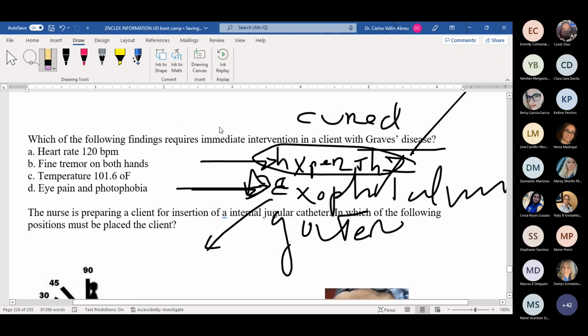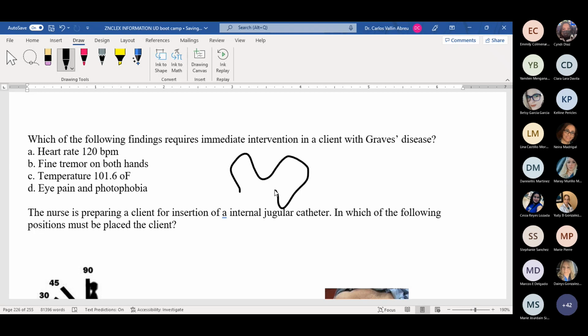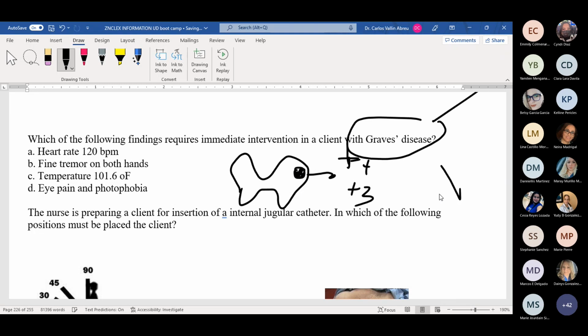Are we good? That's why I insisted in clarifying the concept of what is Graves' disease. For example, you can have a client with a nodule, a hyperfunctional nodule in the thyroid that produces too much T3 and T4, and this person has also hyperthyroidism, but hasn't exophthalmos. Graves' disease is the one that have hyperthyroidism and exophthalmos.